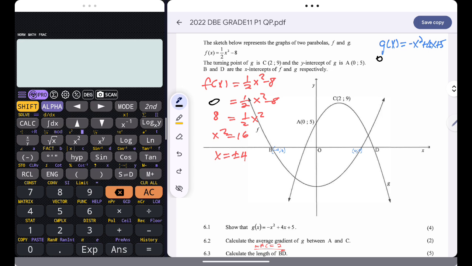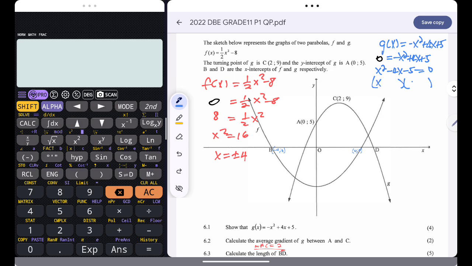I know y is always 0. I'll simply have negative x squared plus 4x plus 5 equal to 0. So this will give me x squared minus 4x minus 5 is equal to 0, because I'll just divide every term by negative 1, and then I'll just factorize.